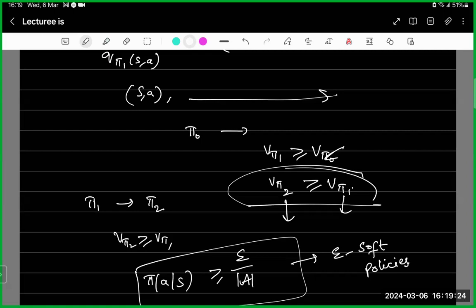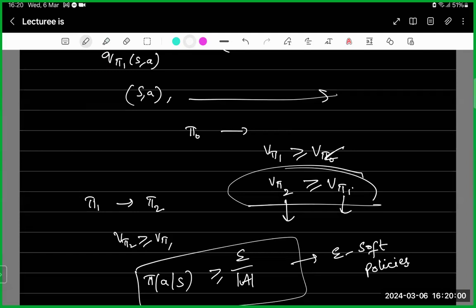You look at all the policies which explore at least with probability epsilon, collect the set of all such policies, and among all those policies, you will converge to the best policy. Is this clear? Because we'll always be in the epsilon soft policies, because we are only doing epsilon greedy improvement.